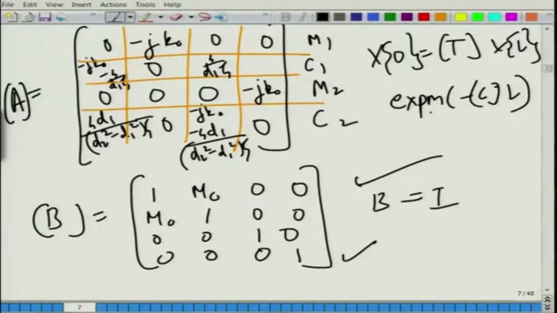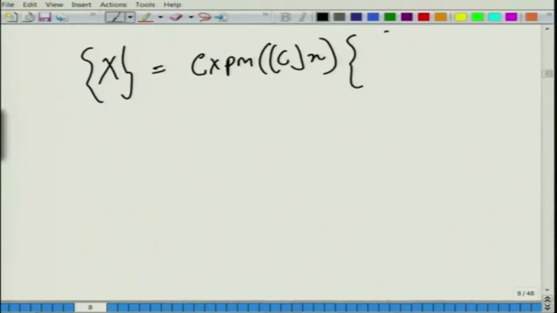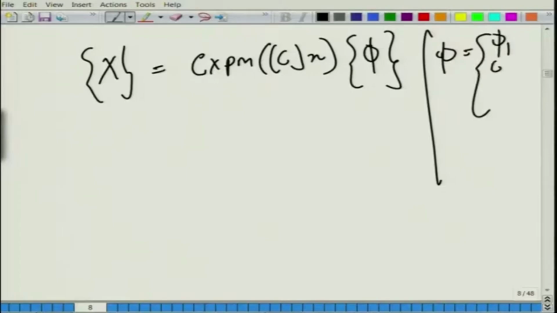Basically, the x vector becomes expm of Cx times a phi vector, where phi is a set of constants phi 1, phi 2, phi 4, which are to be determined from the boundary conditions, relating things upstream and downstream.